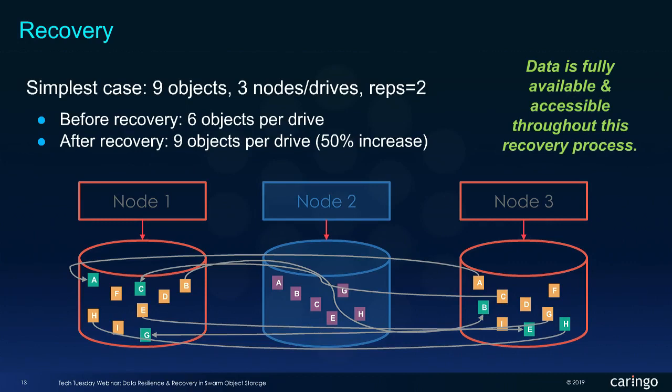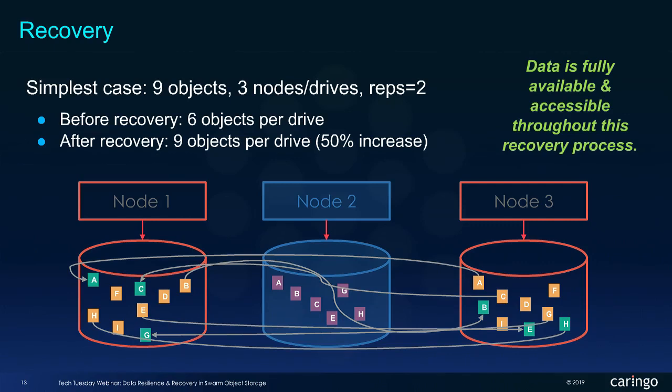In this world, if we lost that middle node, some of the replicas are missing, and we have to be able to recover. If you look at our little green A over here on node 1, the only place to recover the extra replica has to be over on node 3. That's all that's left. If you look over in node 3, it has the only remaining copy of B, so it has to push a copy of that over to node 1.